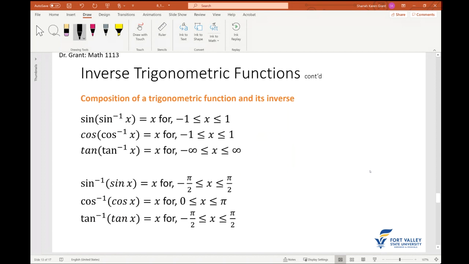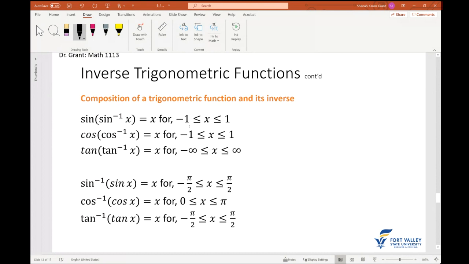All right, so now I'm just going to have this here for a reference for you all. It's better when we actually use them anyways. But we're going to do some evaluation where we find, like, say, sine inverse of cosine and stuff like that. But basically what I just said, this is the case.